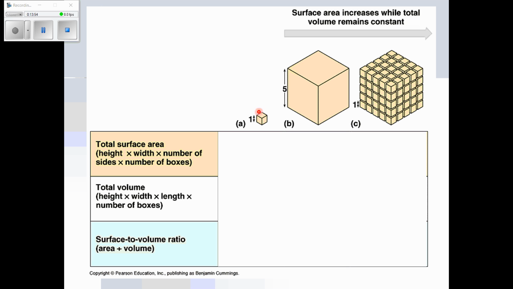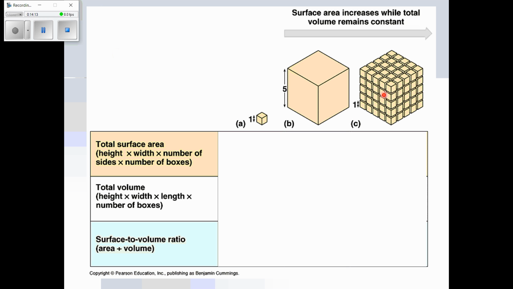And cells are three-dimensional, just like this cube. So a cell has length and width and height. And so it makes a pretty good model. And so let's go through and do a little bit of simple math here.